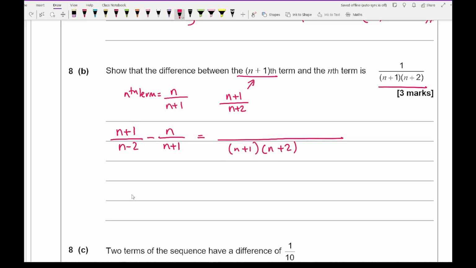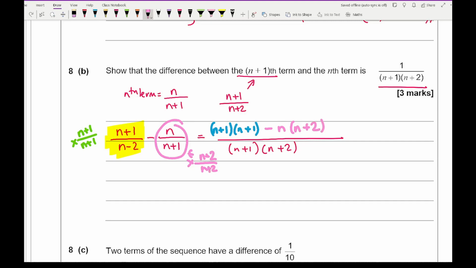Now to get that denominator, I need to multiply this first fraction by n plus 1 over n plus 1. So then the numerator becomes n plus 1, n plus 1. And we multiply this second fraction by n plus 2, so that's going to be minus n, n plus 2.